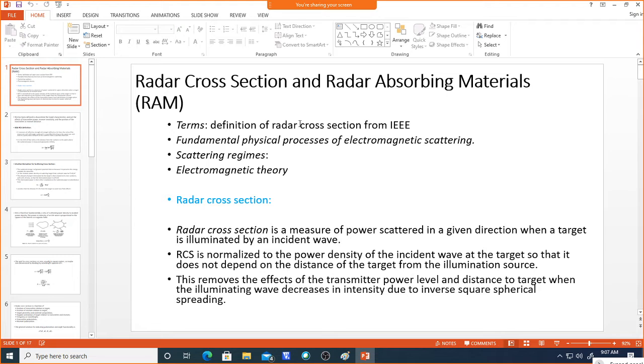For example, the polarization, the target size and shape. Those parameters need to be measured in order to get the proper RCS of a target. And also the wave which is propagating, whether it is a linearly polarized wave or a circularly polarized wave. If it is linearly polarized, how to convert it to circular polarization, and all those things we need to know before finding out the radar cross section.